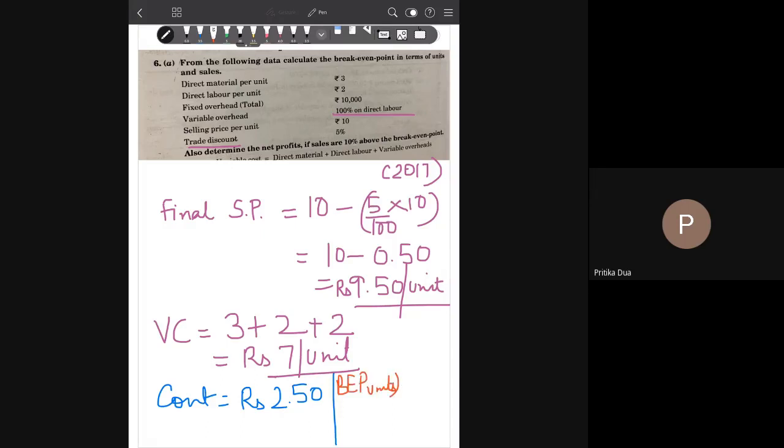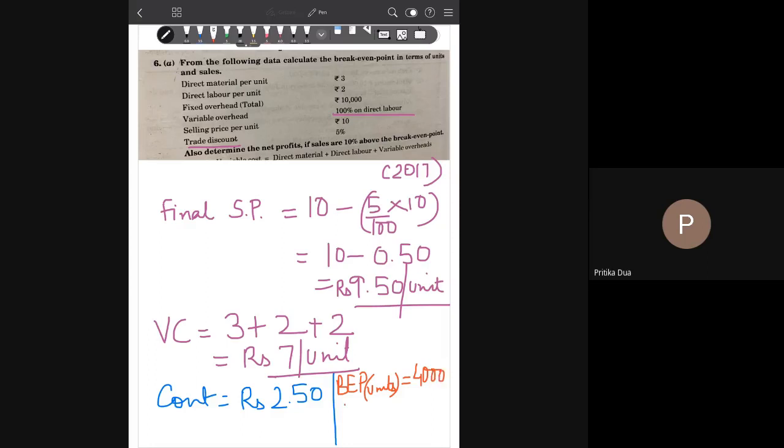See how much is it coming to? Break even point in quantity terms. Fixed cost upon contribution per unit. So yes, it is coming to 4,000 units. You are having already the selling price given to you.